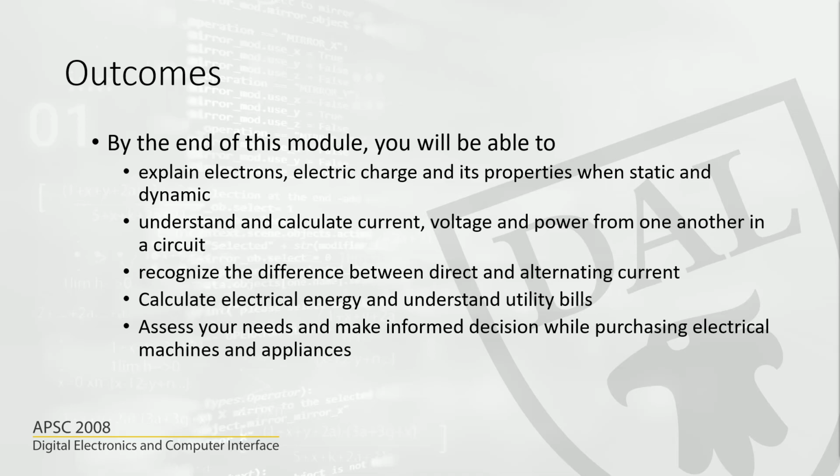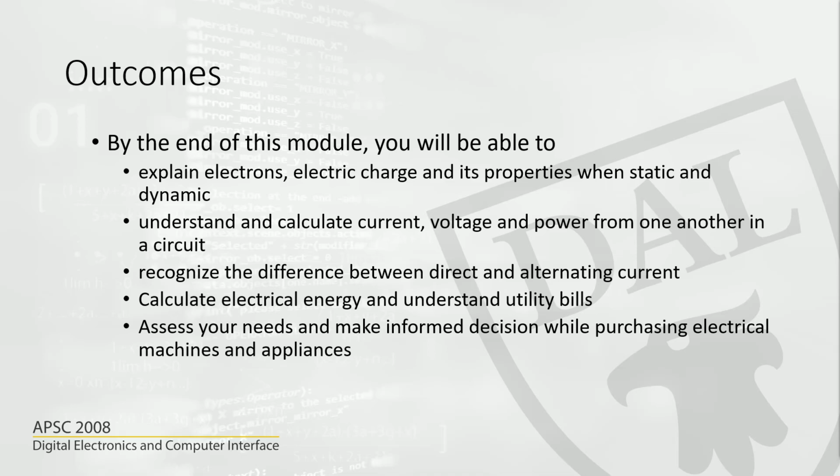Following that, you will also be able to recognize the difference between direct current and alternating current systems. In addition, you will be able to calculate the electrical energy for different purposes, and by that you would be able to better understand the utility bills.